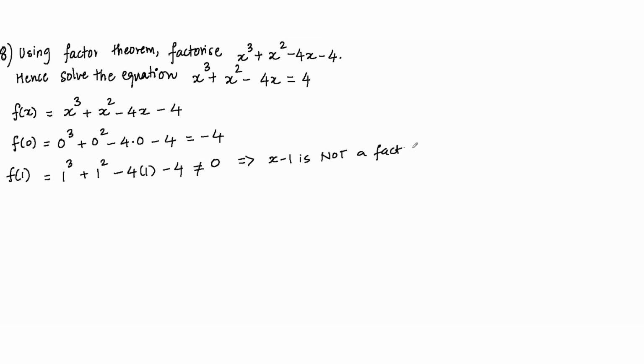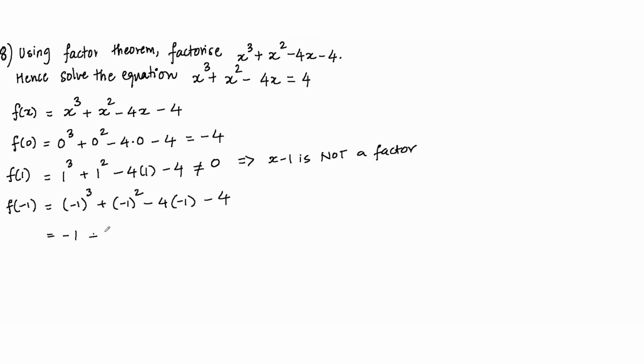So now I'm trying to find that particular number which gives the value of this polynomial equal to 0. So now let me find f of minus 1. Let's substitute and see what I get. I have negative 1 the whole cube plus negative 1 the whole square minus 4 into negative 1, minus 4. So this becomes negative 1 the whole cube becomes negative 1.